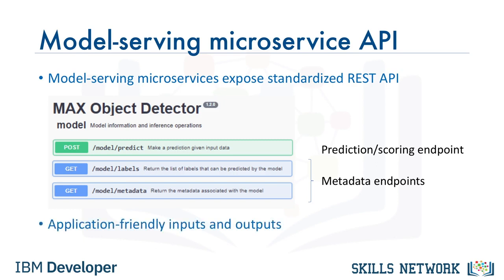Each endpoint accepts application-friendly inputs, such as an image in JPEG, PNG, or GIF format, instead of a model-specific data structure. Each endpoint also generates application-friendly outputs, such as standardized JSON, which is a lightweight data interchange format.